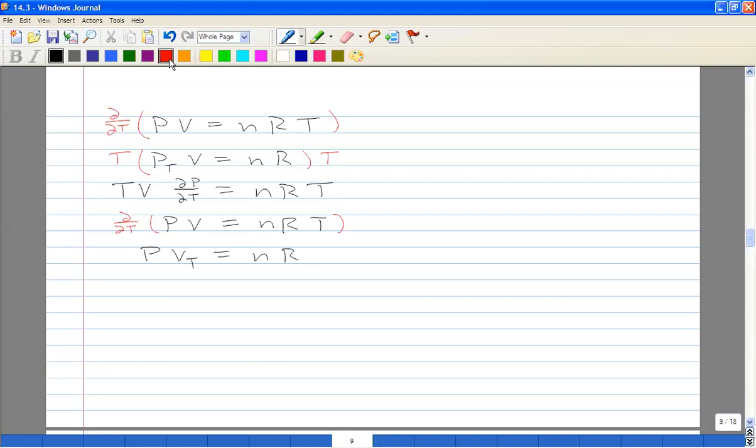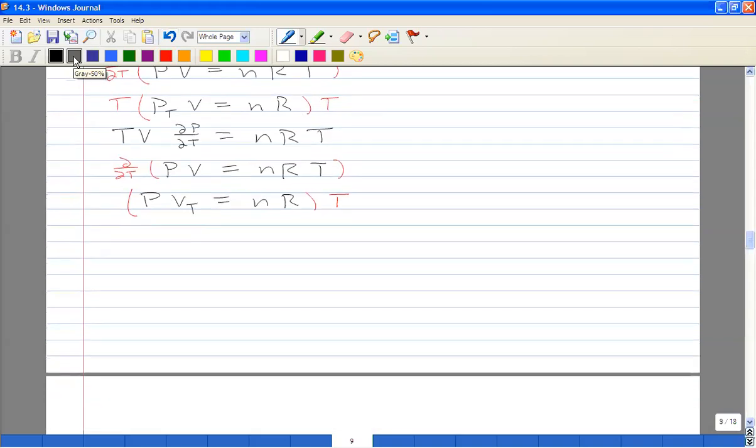And let's multiply by t. So this is tP, partial v with respect to t, is nRT.